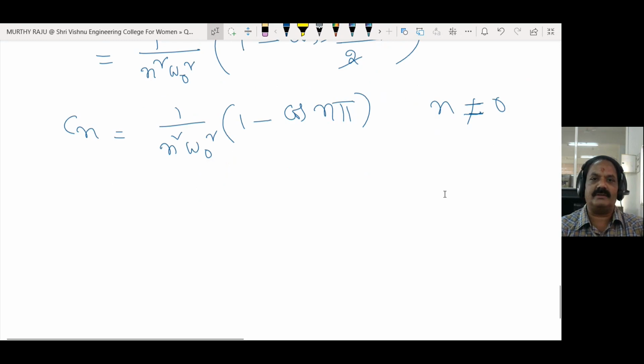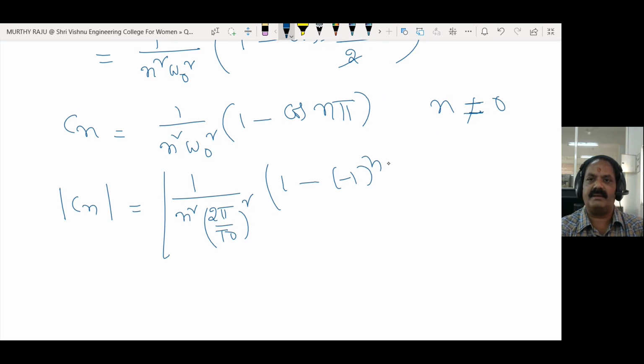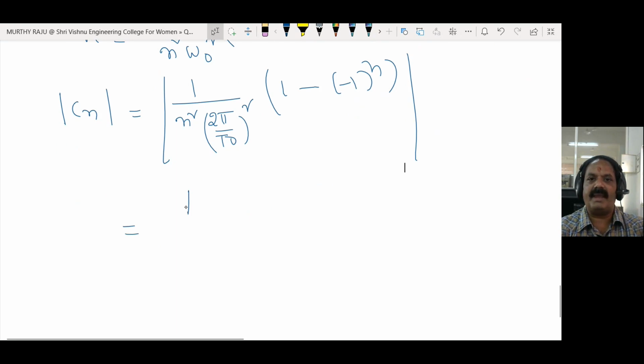For the magnitude function, mod Cn is equal to 1 by n square omega naught square, where omega naught is 2 pi by T naught, whole square, 1 minus cos n pi, which is minus 1 whole power n. That is equal to 1 by mod n square, T naught is 2, so the 2 cancels.